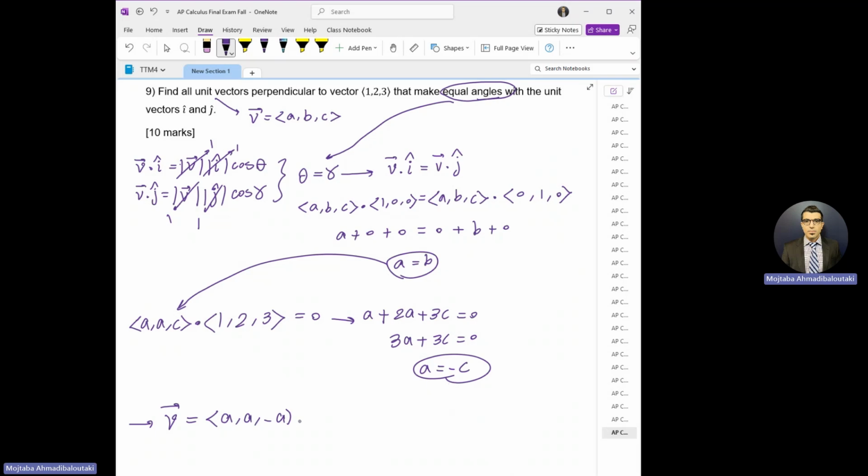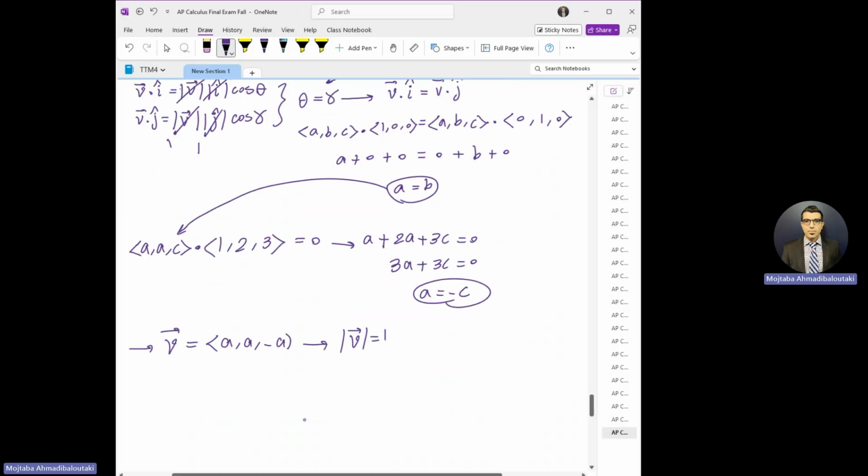And the last piece of information that we have is that this vector is actually a unit vector. So its magnitude must be 1. So here, magnitude of V must be 1. And from there, we can plug in the components. So this would be a squared plus a squared plus minus a squared, which is the same thing, equals 1.